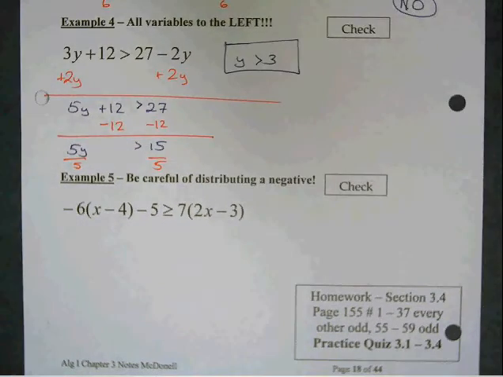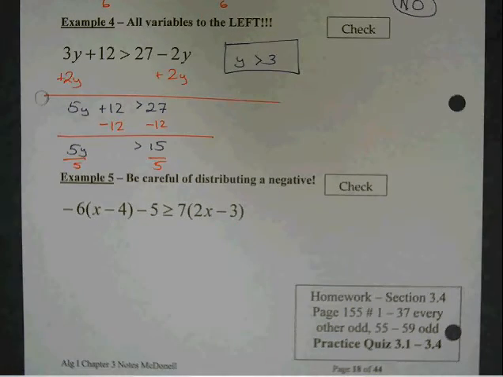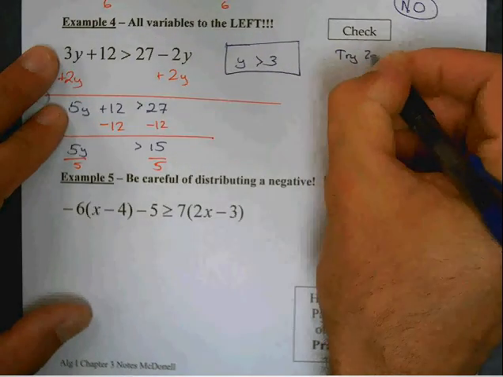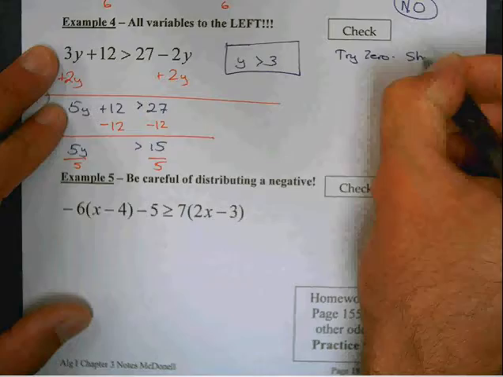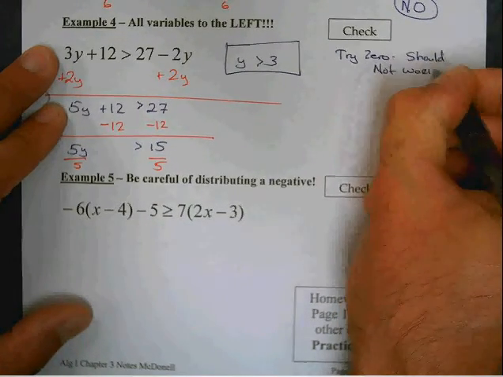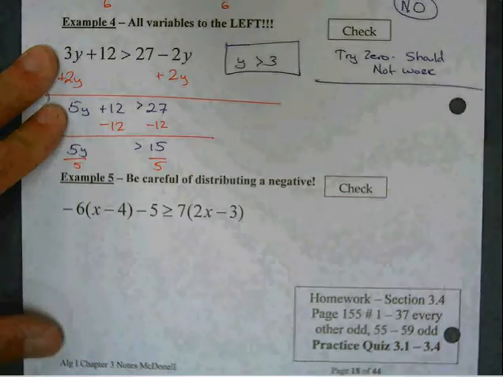Look at 0. Is 0 greater than 3? So what's our hypothesis about 0 this time? It should not work. So try 0. Now, when you're trying stuff, you've got to plug it into the original problem.